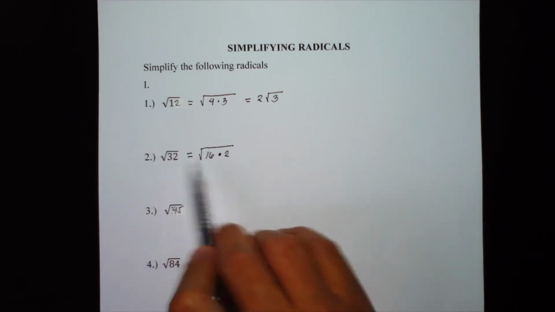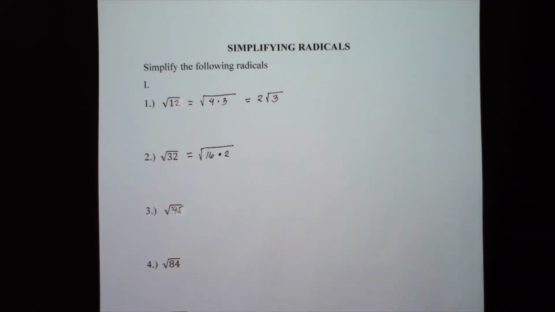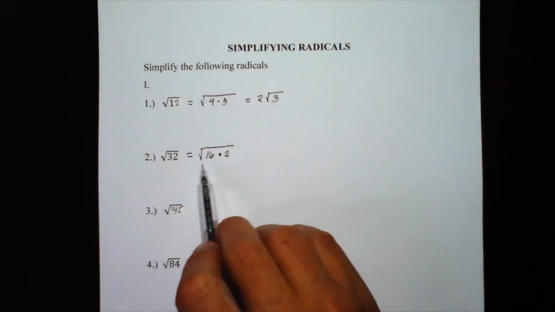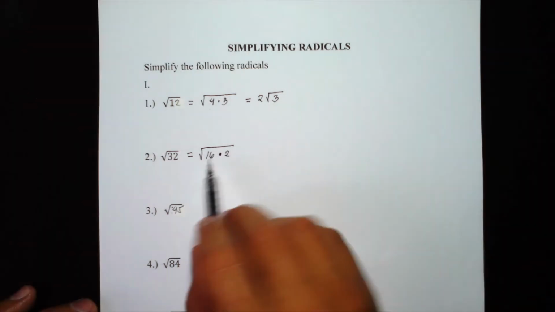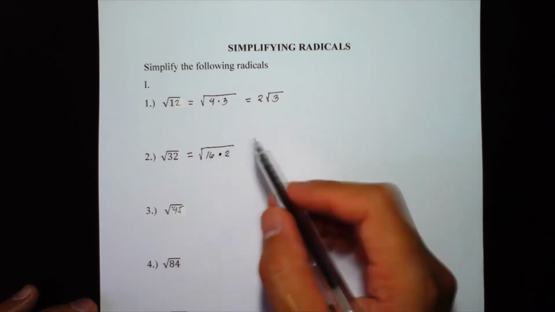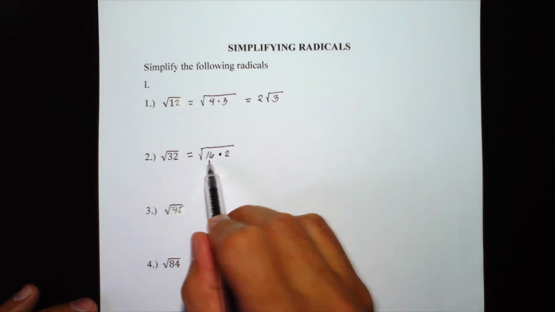32. Based on our rules a while ago, one of the two numbers should be a perfect square. 16 is a perfect square.